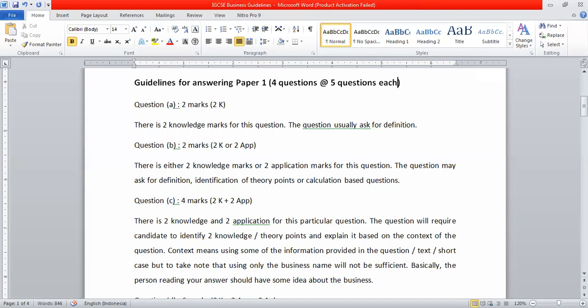In each question, there will be 5 questions. Or to make you not confused, I will use the word letters. Meaning to say question 1 will have question A, B, C, D, E, question 2, A, B, C, D, E, question 3, A, B, C, D, E, and question 4, A, B, C, D, E.